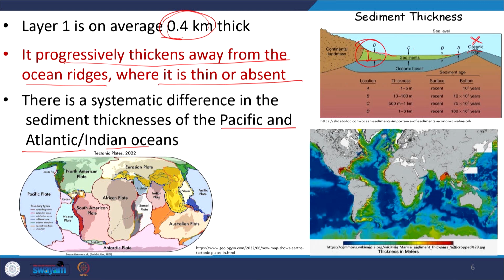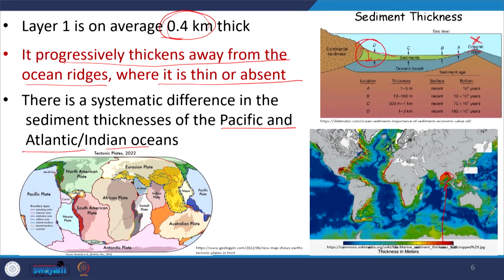Here you see this area close to India, the eastern margin of the Indian subcontinent, representing high sediment thickness. Similarly, those areas here also represent higher sedimentary thickness, and mostly, if you notice, the high sedimentary thickness is around the continent.